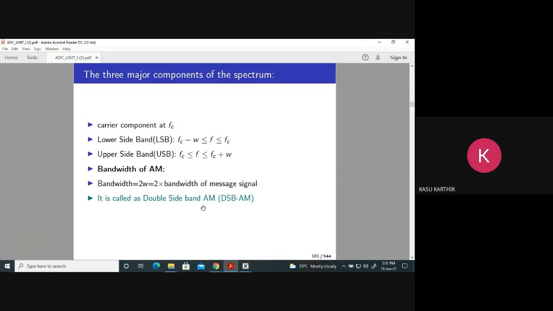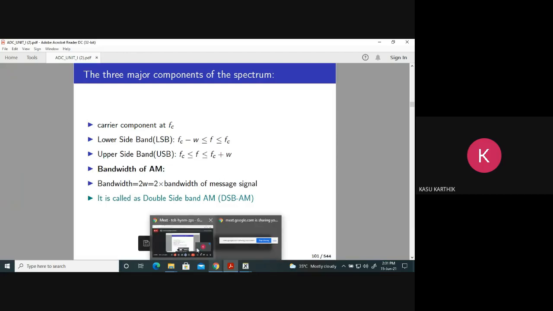So why am I stressing bandwidth? I told you this in the first class itself. What is the importance of bandwidth?